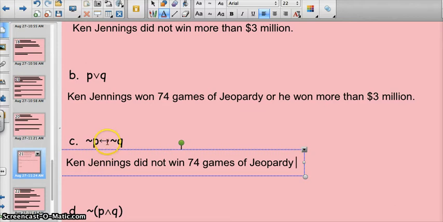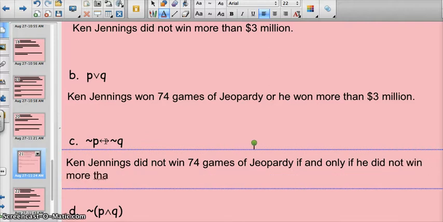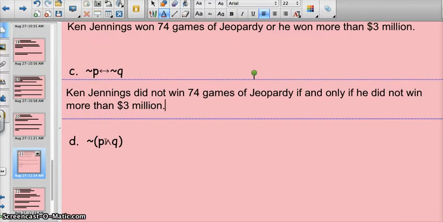Next, I need the double arrow, which is the biconditional, which is if and only if. I'm going to finish it with the negation of Q. He did not win more than $3 million. Again, not terribly hard, but it's getting a little more complicated.